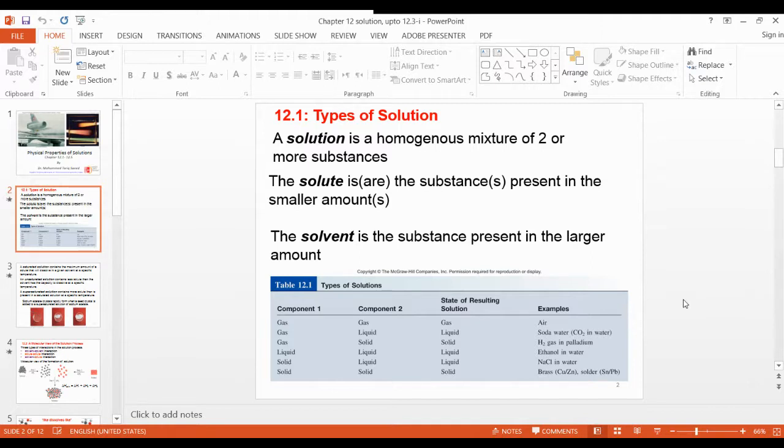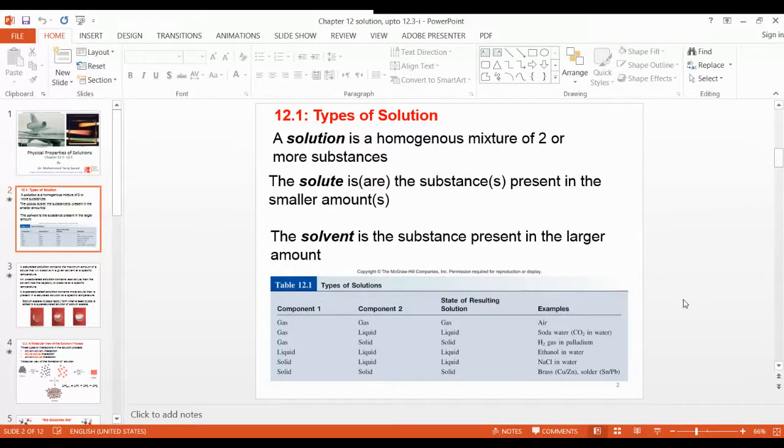Second example is soda water, carbon dioxide in water. So one component is gas and the other component is liquid. The first component is the solute, the other component is liquid in large quantity.